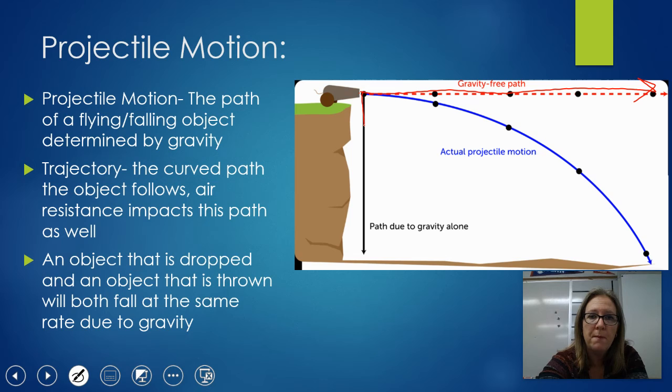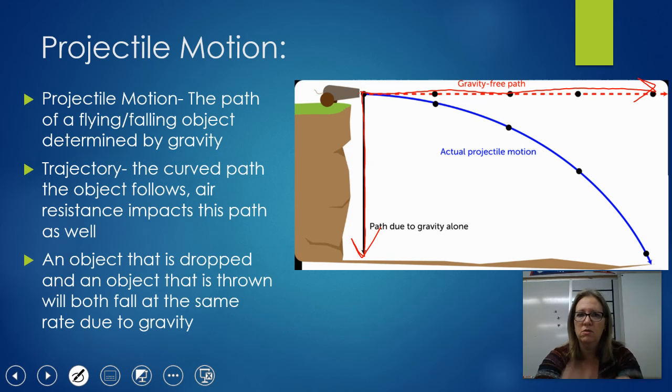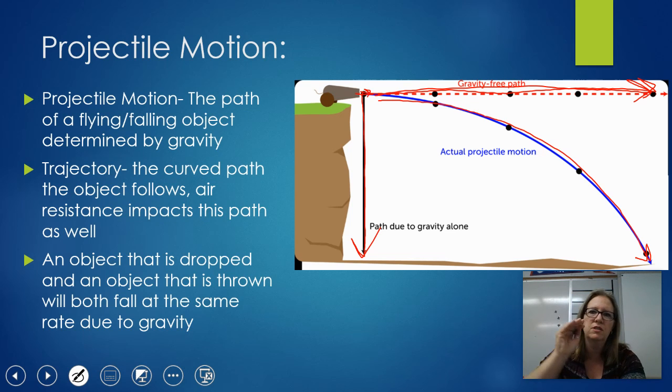If I just drop the cannonball, gravity's going to pull it straight down. But if I shoot this cannonball out, it wants to go straight forever, but gravity's acting on it, and so we get this curved trajectory right here.